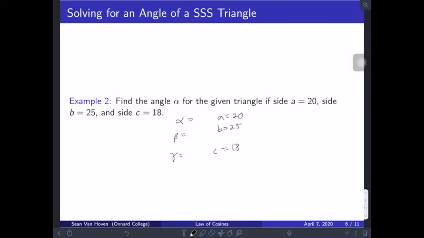Once again, we do not have a complete row here, so what we'll have to do is use our law of cosines.